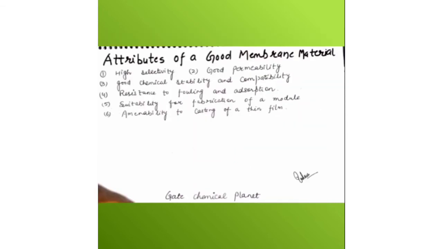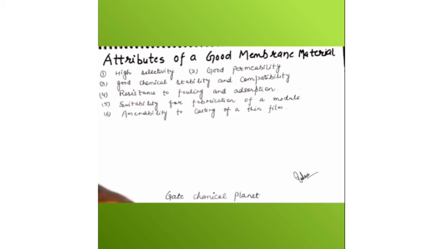Okay, so now move on to the attributes of good membrane material. What are the properties a membrane material should have? So here: high selectivity, good permeability. A membrane should have very good permeability and should be highly selective.